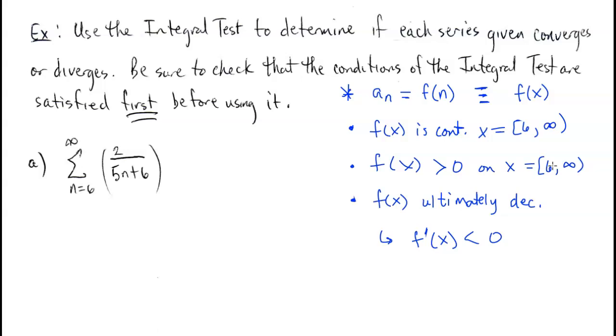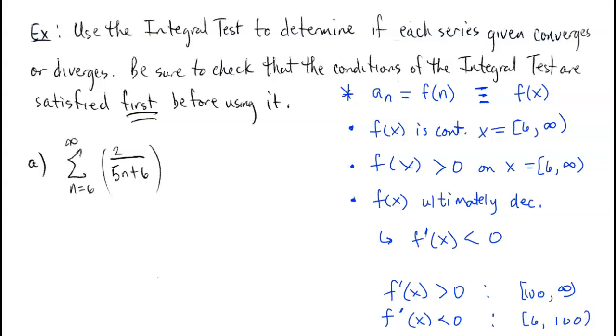Okay. So to contrast that, let's say we had a situation where f of x was greater than 0 for, let's say, 100 to infinity. But the derivative of f of x was negative only for values from, let's say, 6 to 100, like this.